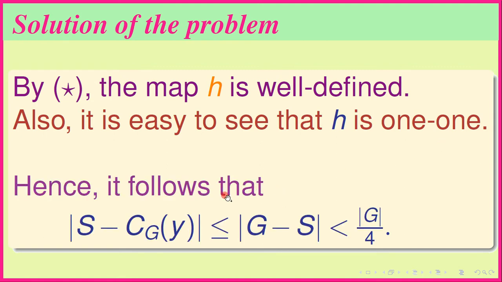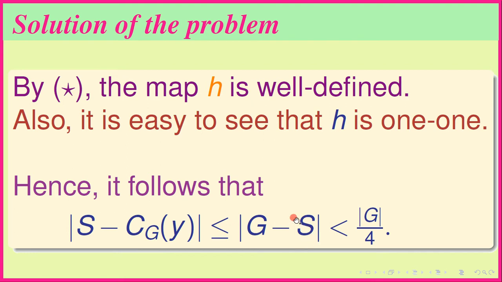Hence it follows that the size of S minus CGY, this is the domain of H, and G minus S is the codomain of H, and H is 1-1, therefore this size is less than this size.